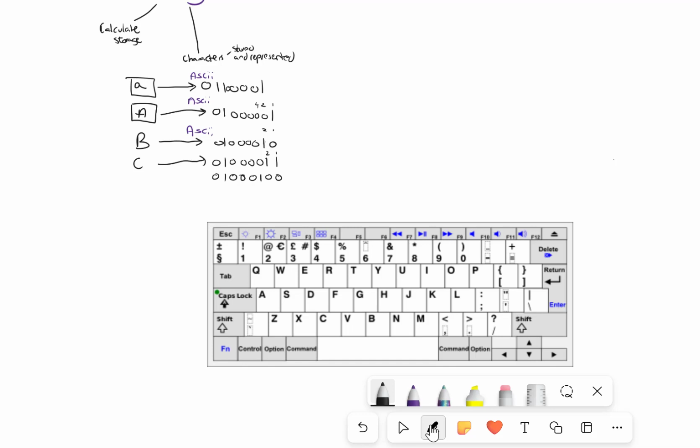ASCII is what's known as a character set. It allows us to type English letters from the English dictionary, but also numbers, symbols, etc. But it's quite limited, ASCII is. If I was using an ASCII keyboard, well, ASCII character set, and did a smiley face, it wouldn't work. You'll just see this.